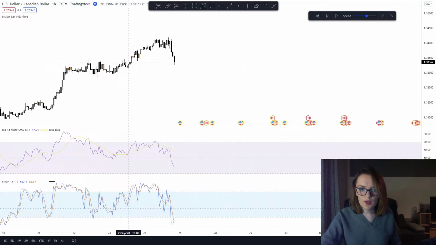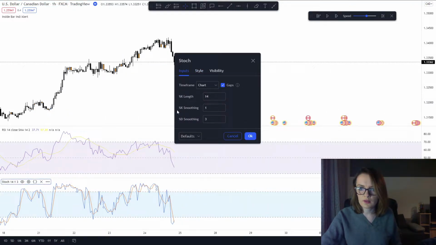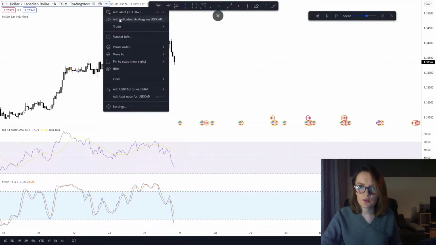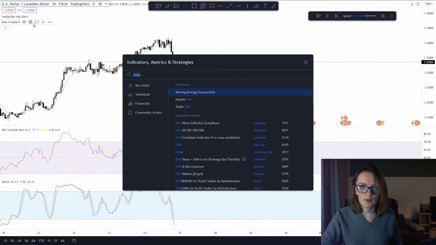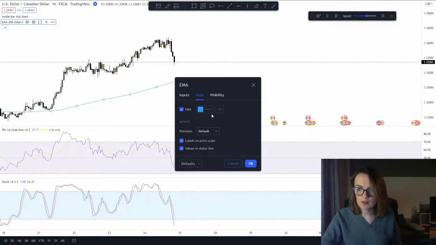And here we have to change some inputs because at this percentage of smoothing, we have to add 3 instead of 1. Okay, and the third indicator used will be the 200 EMA. I will just customize it now with the value we need here.